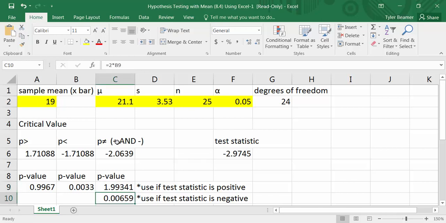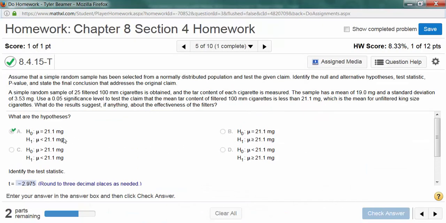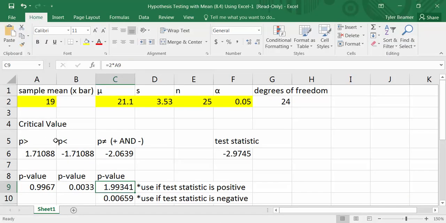So you have to look at not only the alternative hypothesis, but what the test statistic is in terms of the sign. In our particular problem, we were doing a less than test. Our alternative hypothesis was mu is less than 21.1. So I would want to look at this column here, the one in the middle, and this is the p-value that matches with it, 0.0033.